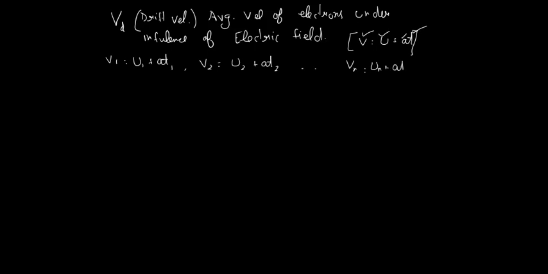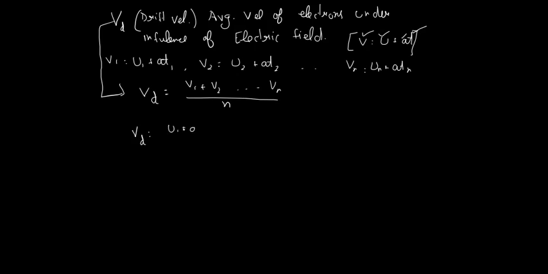The acceleration for each electron will be the same, because as we already deduced, acceleration equals -eE/m. So drift velocity equals (v1 + v2 + ... + vn)/n. This is the exact definition of drift velocity.